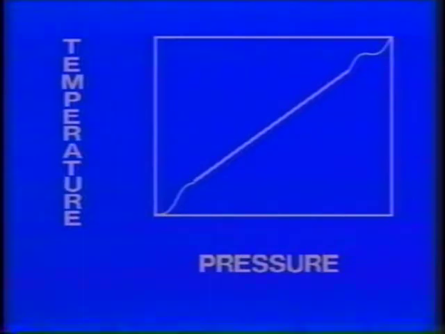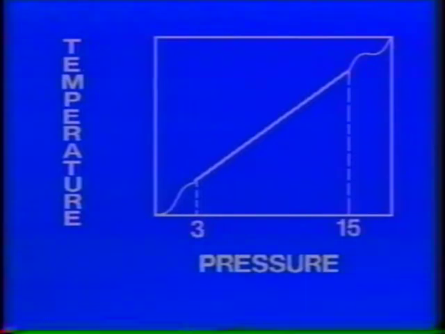Now that we've seen the physical operation of the transmitter, let's take a look at its specific output characteristics. This graph illustrates that all pneumatic transmitters exhibit a linear 3 to 15 psi output pressure with respect to the calibrated range of the instrument.